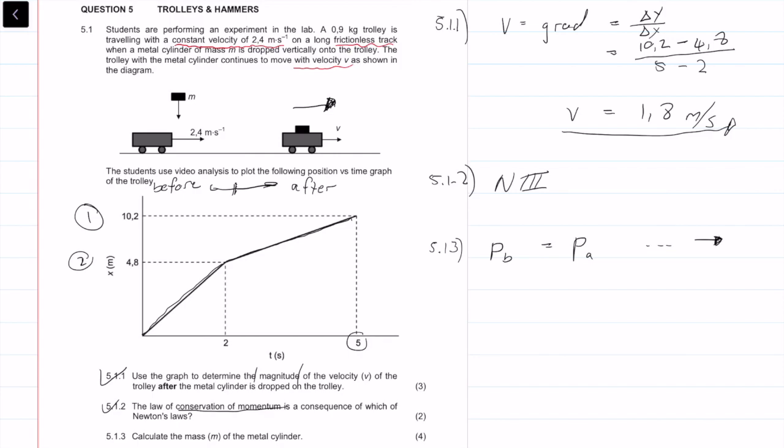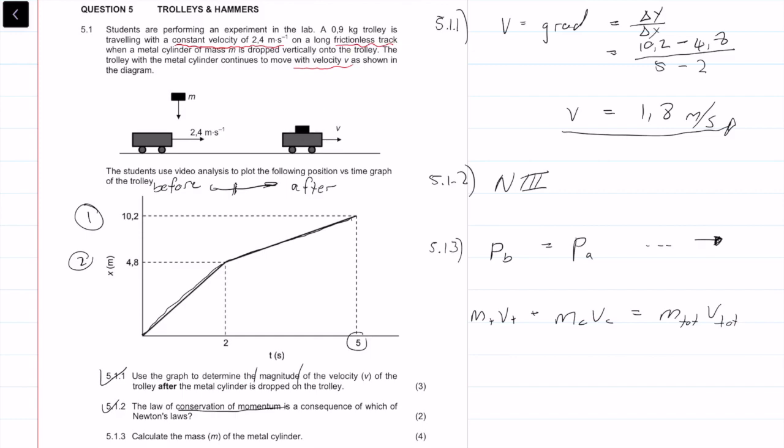So we're going to say the mass of the trolley times velocity of the trolley, all before, plus the mass of the cylinder times velocity of the cylinder is equal to the total mass times the velocity of the total system, because they're traveling together at the end.